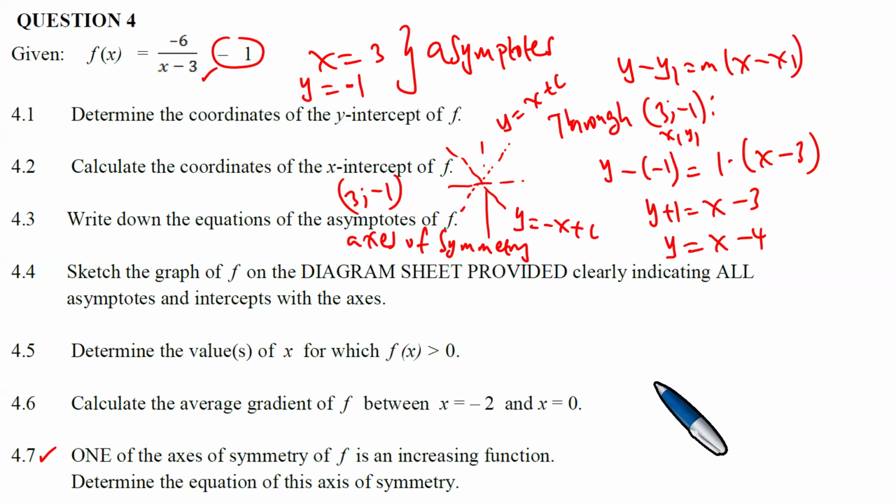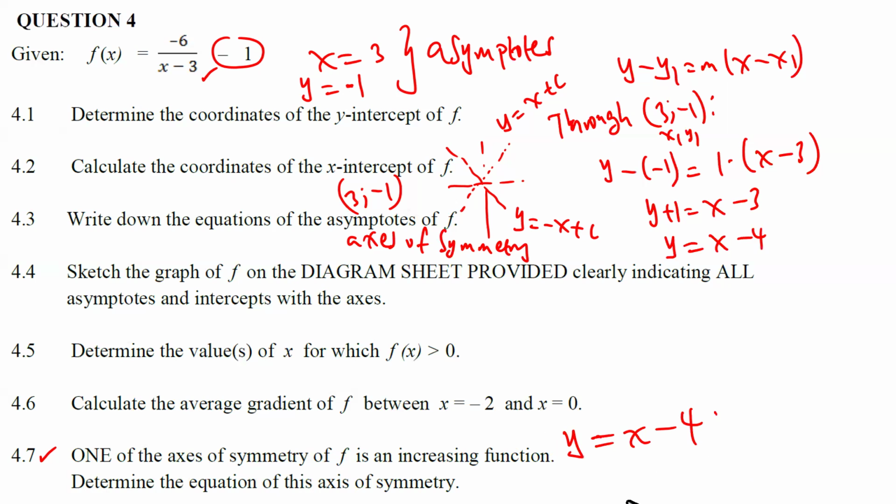So the axis of symmetry of f that is an increasing function has the equation y equals x minus 4. Right, like this.